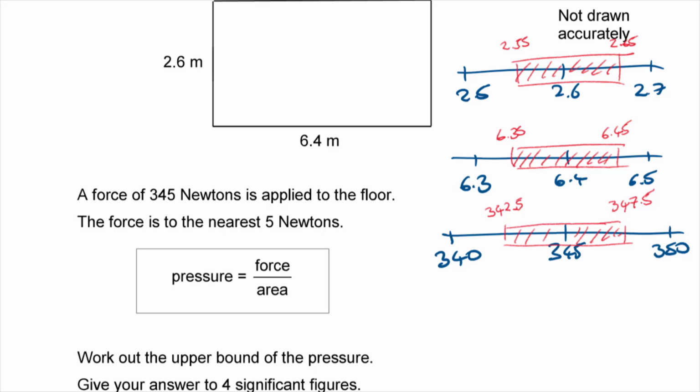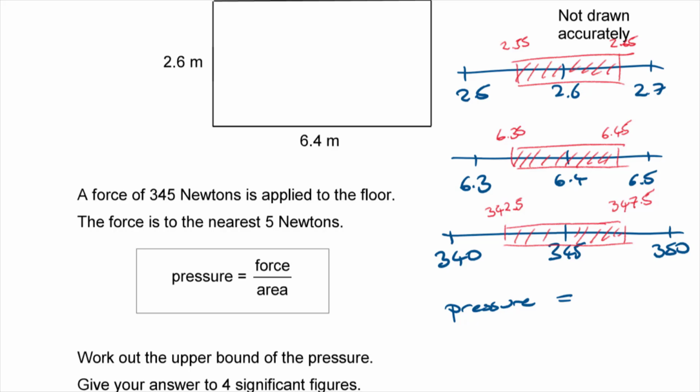I can then consider which ones I'm going to have to use. We're told that pressure equals force divided by area, and to work out the upper bound of this pressure. What's the largest possible pressure I can get from those values? Am I going to use the largest or smallest possible force?